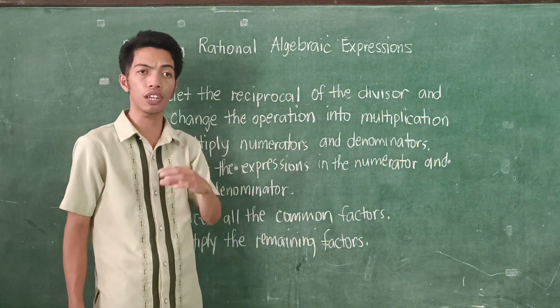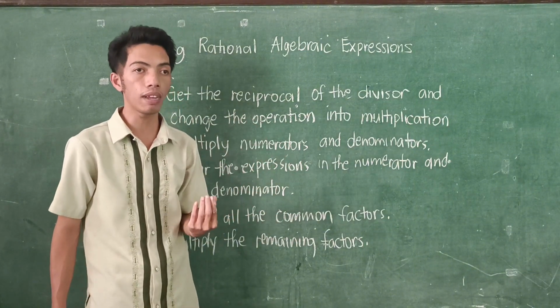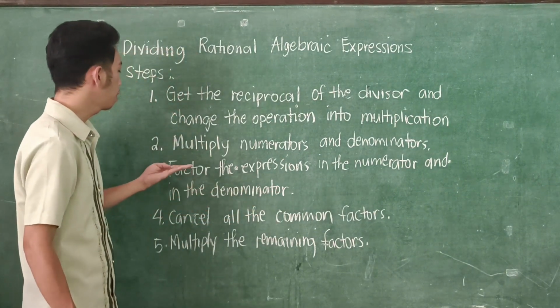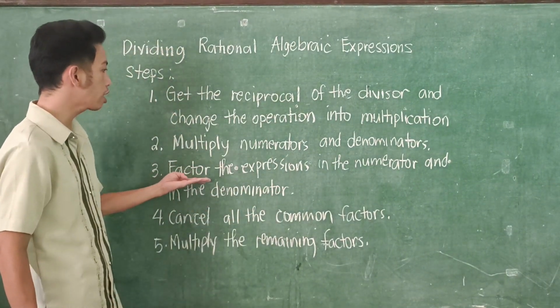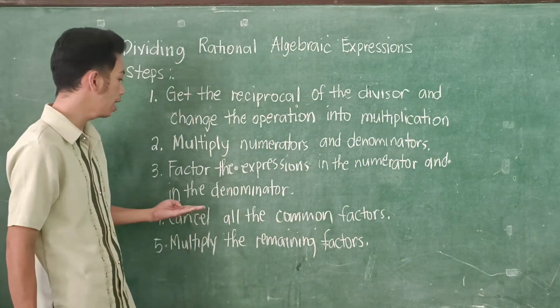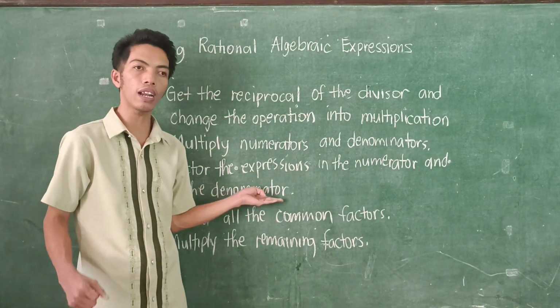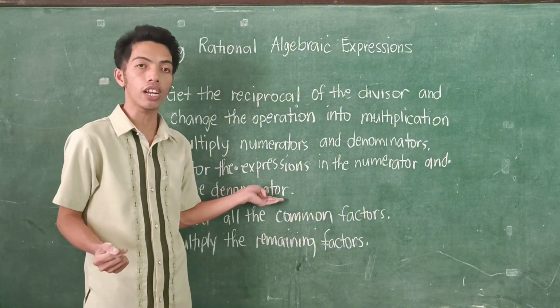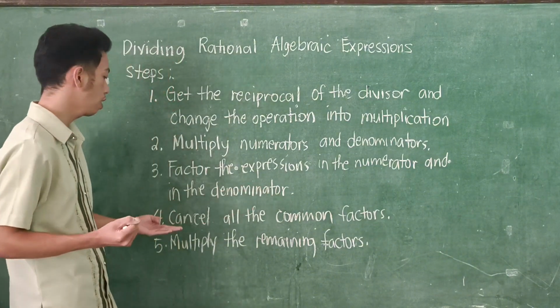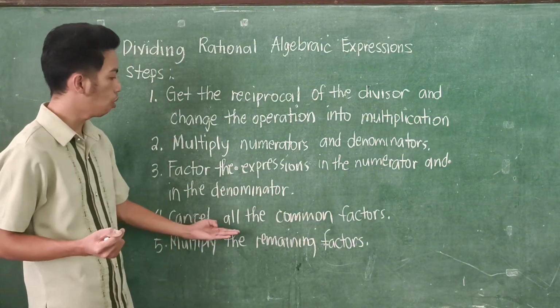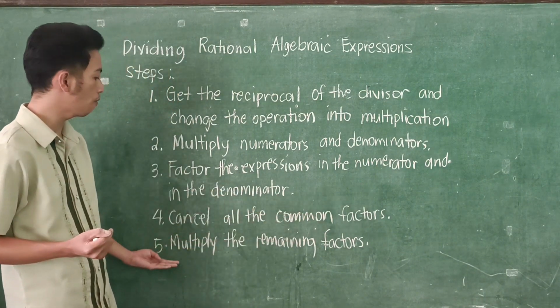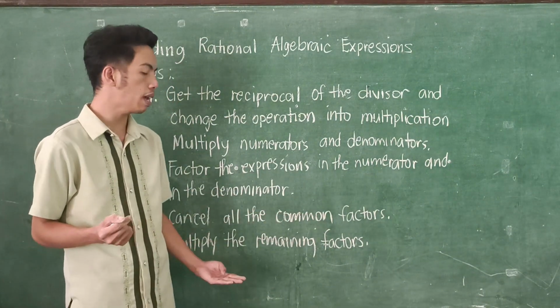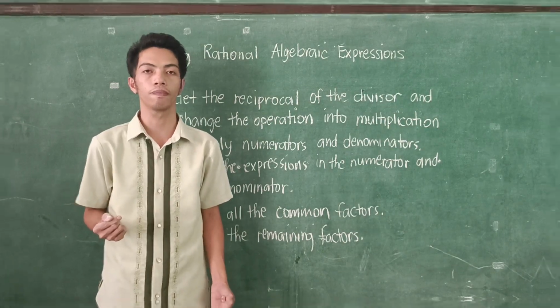So, multiplying numerator by numerator and denominator by denominator. The third step is to factor the expressions in the numerator and in the denominator. So, parang binabalikan lang natin yung process natin in multiplying rational algebraic expressions. Number 4, cancel all the common factors. And number 5, multiply the remaining factors.